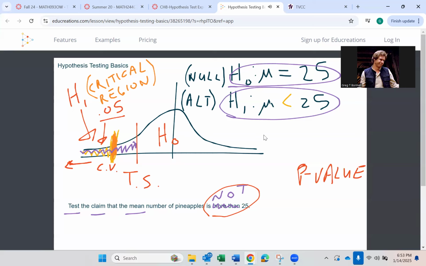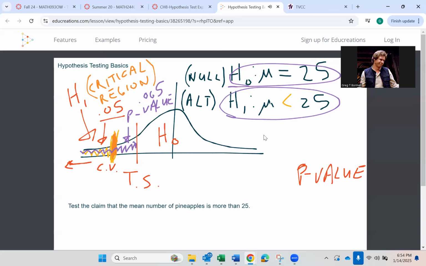Now that area that I have in, I'm colorblind, it's either blue or purple, we refer to as the p-value. That amount of area is the p-value. So in this case, maybe the p-value is 0.065. I know it's getting messy. So the p-value is about 0.065. I can tell from the picture that the test statistic ended up in the H0 region.